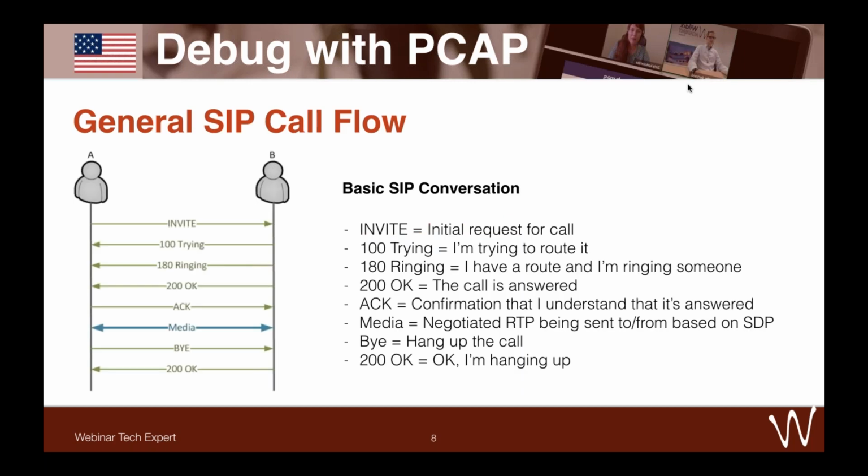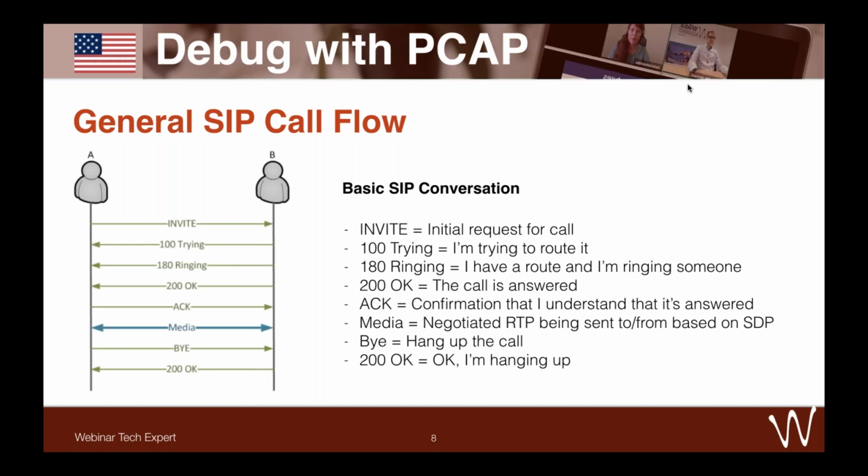So let's talk about a general, real high level SIP call flow. In a call flow, you're going to see point A, which could be a phone, a PBX, a SIP trunk, whatever, signal to point B. They're going to ultimately decide how to negotiate that call and where to send media to, and then ultimately they'll hang the call up.